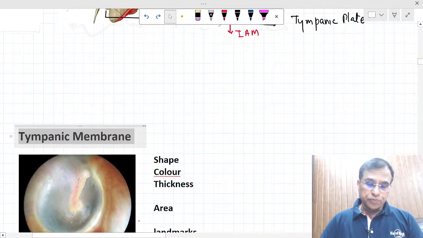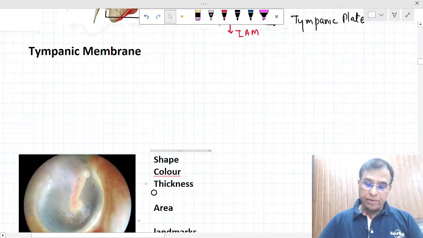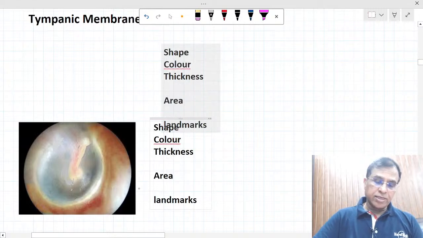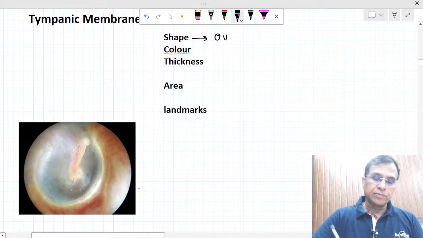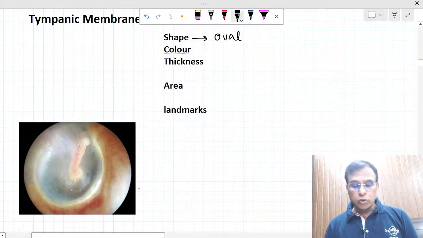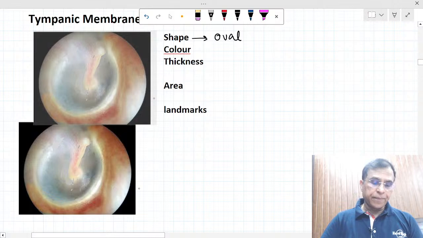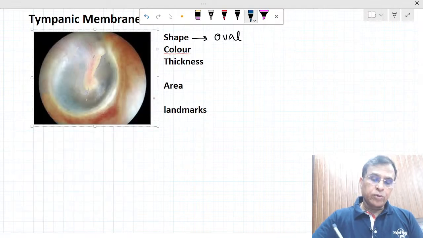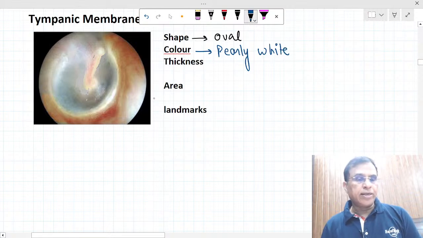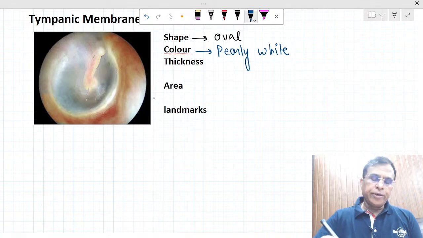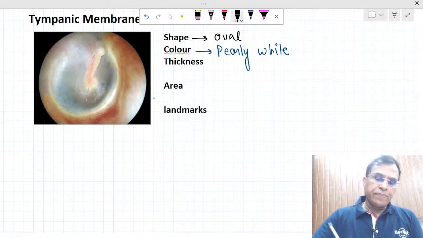If I ask you, what is the shape of the tympanic membrane? The answer is oval. Second question, what is the color? Look at this membrane image and tell me the color. It is pearly white. Third point, how much is the thickness of the tympanic membrane?